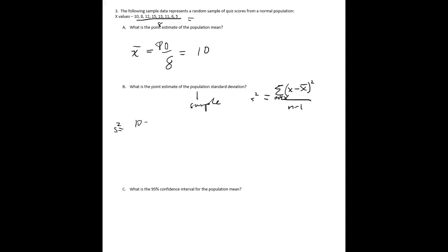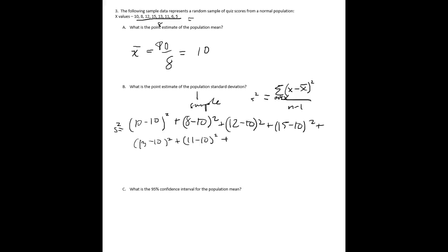Okay, so we go ahead and we say 10 minus 10, because 10 is our first data point, squared, plus 8 minus 10 squared, plus 12 minus 10 squared, plus 15 minus 10 squared, plus 13 minus 10 squared, plus 11 minus 10 squared, plus 6 minus 10 squared, plus 5 minus 10 squared. This is going to be all over n minus 1. Okay, all over 8 minus 1.